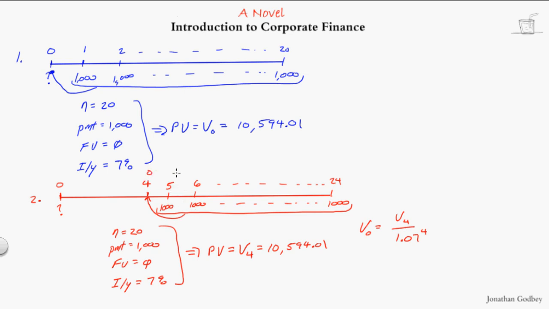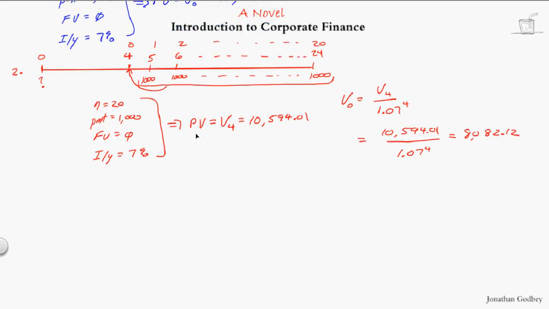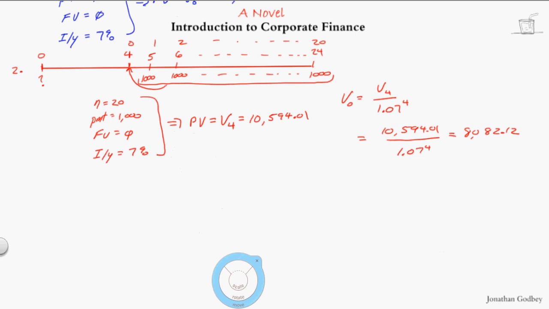The calculator sees 0 to 20. So the value today is equal to the 10,594.01 divided by 1.07 to the fourth, which is equal to $8,082.12.